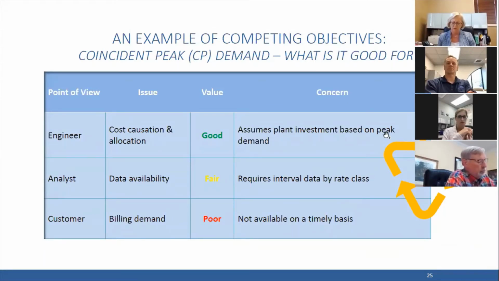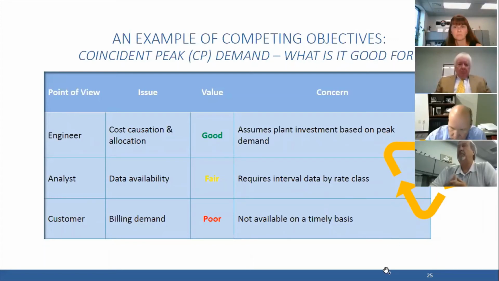So there are competing objectives here. If we look at coincident peak demand, for example, and ask what it is good for, from the point of view of the engineer, coincident peak demand sort of illustrates what it costs us to serve that total system demand.